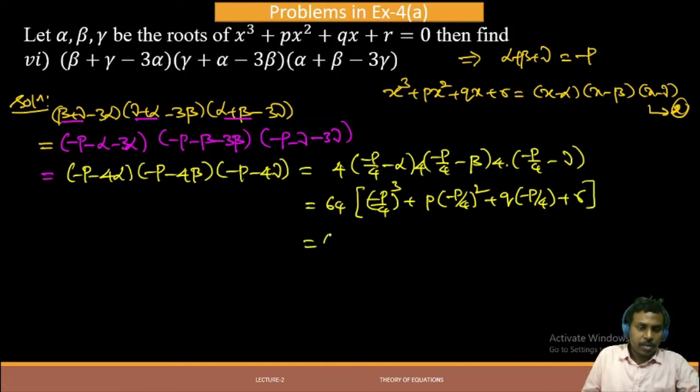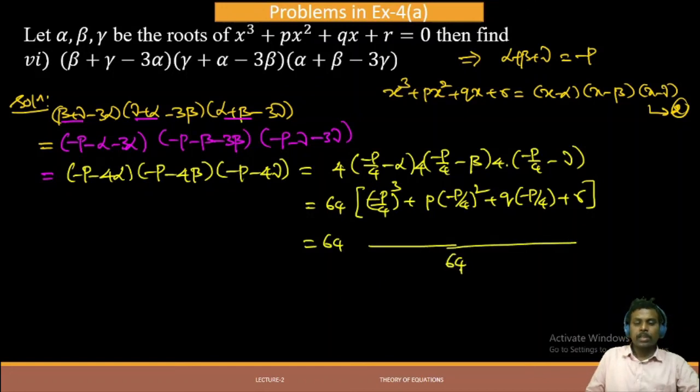Now let us simplify this. This is 64. So the LCM is 64 here. So here there is nothing much to do.